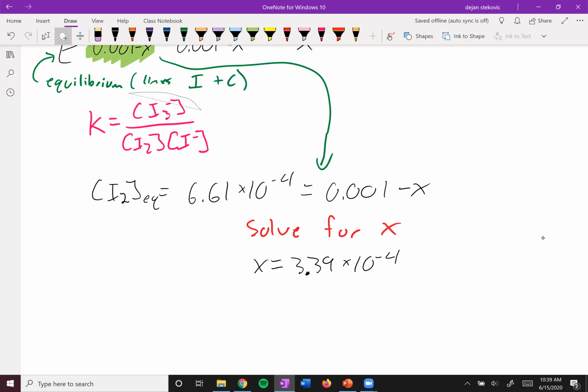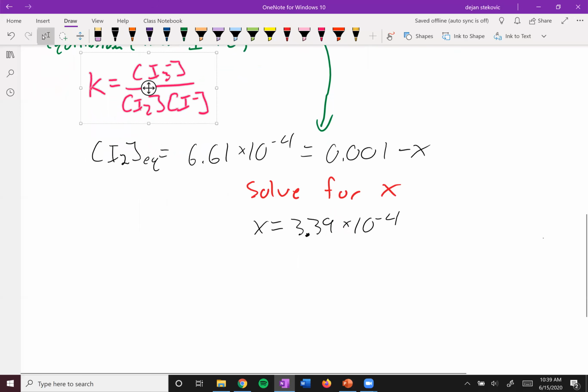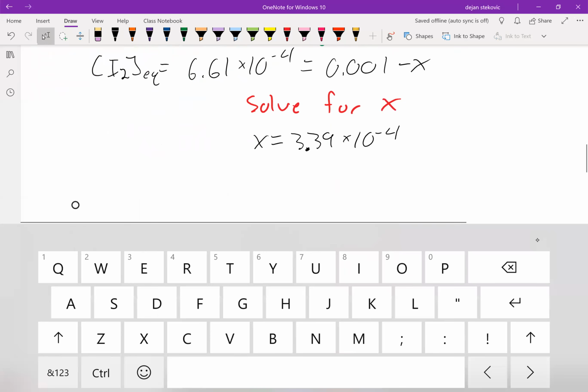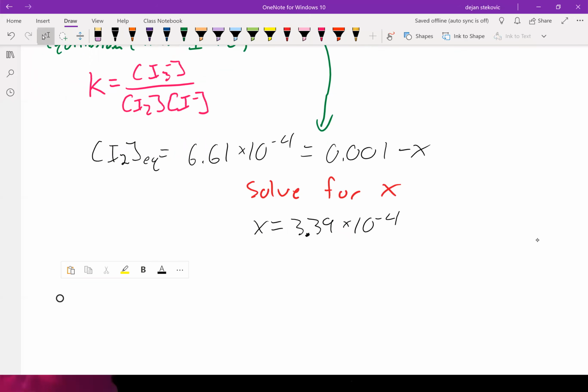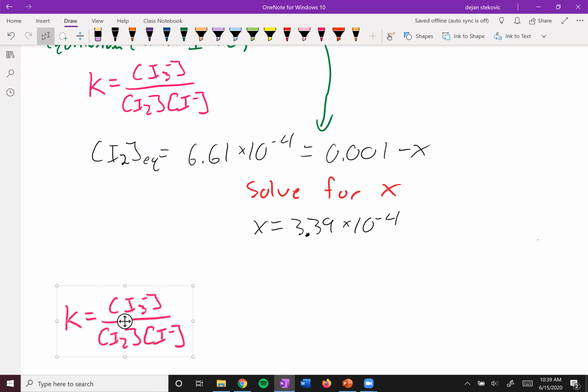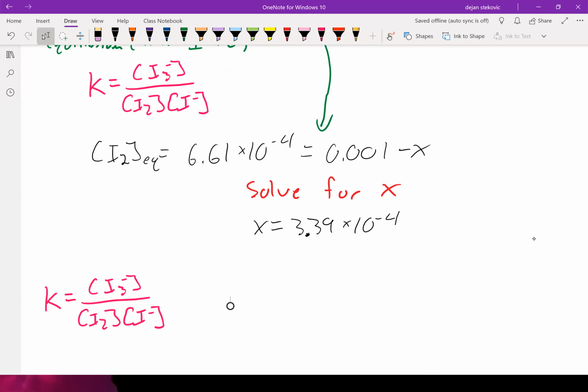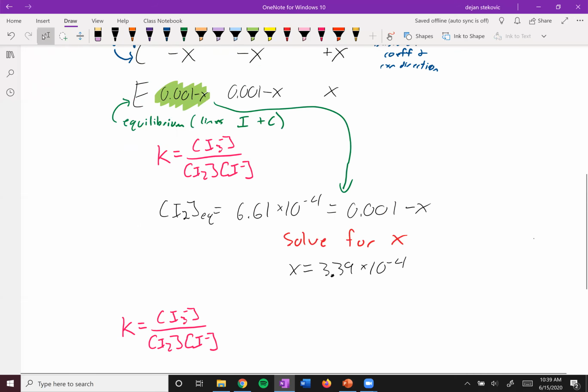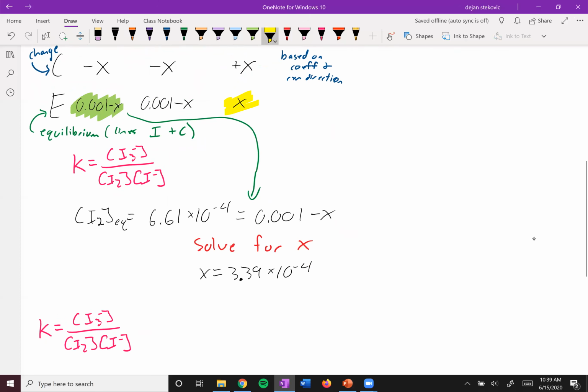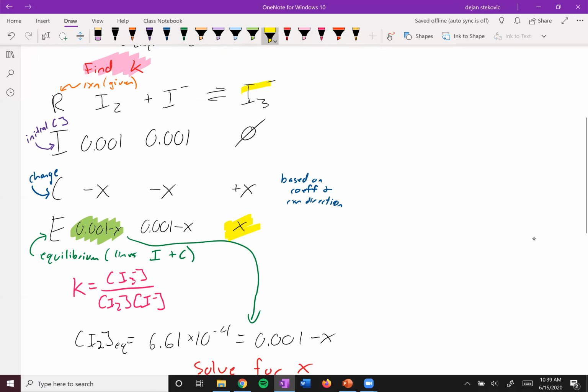But as we wrote up here, we know that K is products over reactants. Right? K is products over reactants. And we know that the concentration of I3 minus at equilibrium is just going to be equal to x.